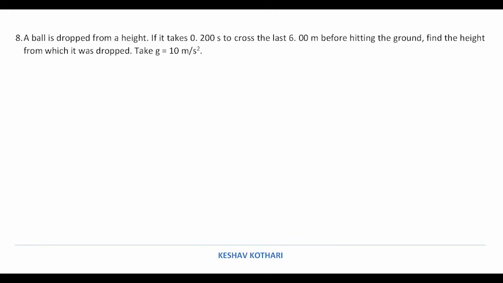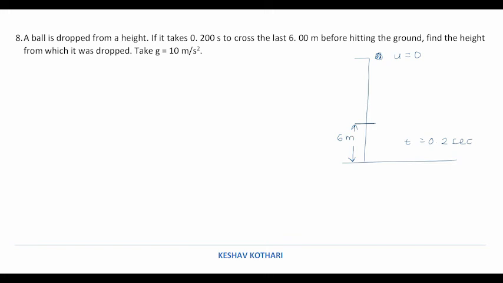We can understand it like this, that the ball was dropped from a particular building or a tower, and it covered the last 6 meters in a duration of 0.2 seconds. So we have to determine the height from which it was dropped.